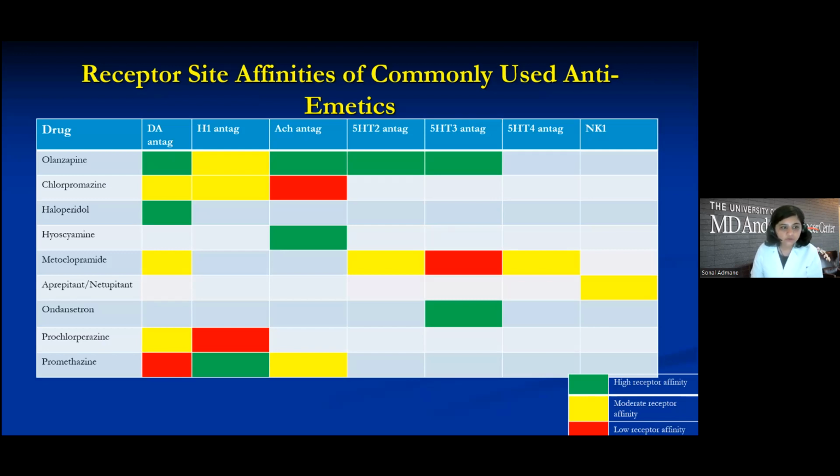Metoclopramide is another that acts on multiple receptors and is very commonly used in our patient population. Contrast that with drugs like ondansetron or the aprepitant family, which are usually narrow spectrum and only target one or two receptors.